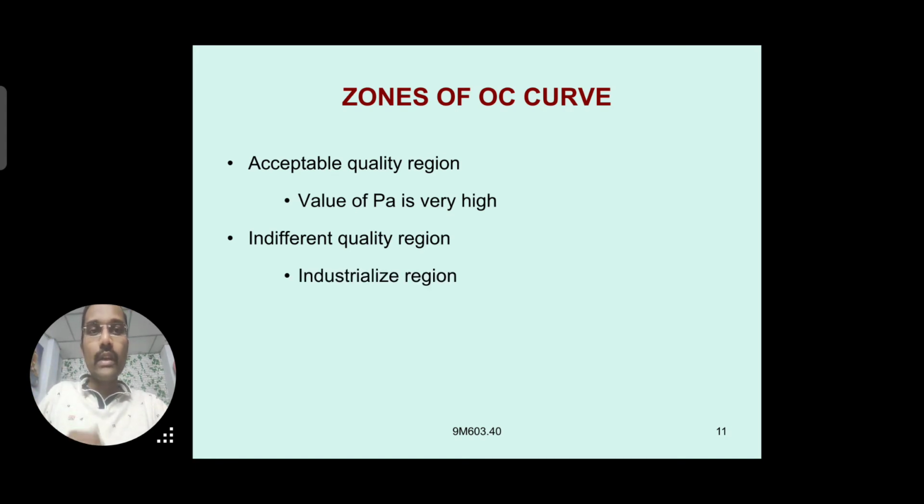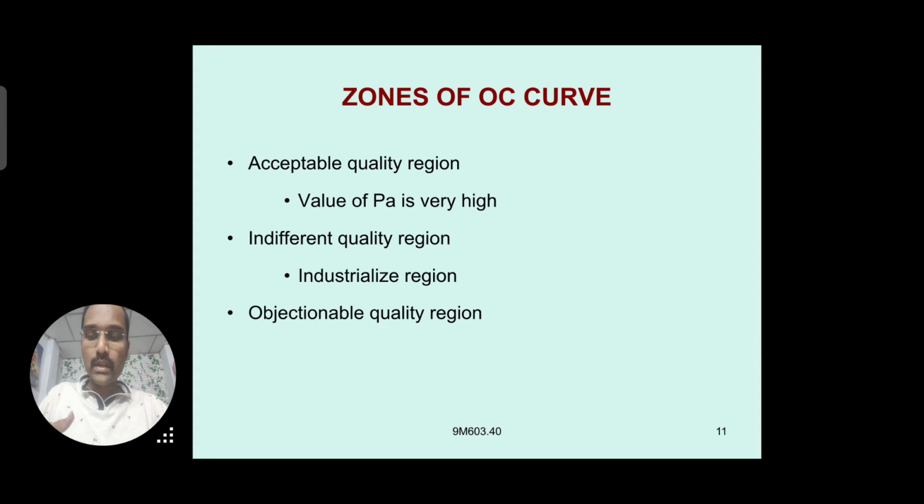Whereas in the indifferent quality region, it should be kept on hold. It may be accepted or it may be rejected. It is just like 50-50, depending on different conditions.